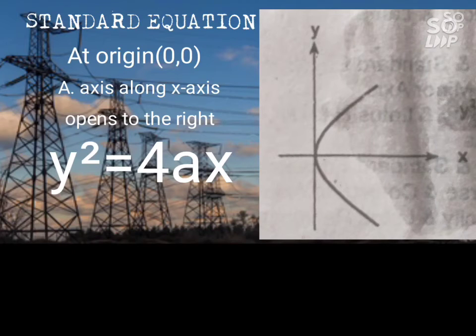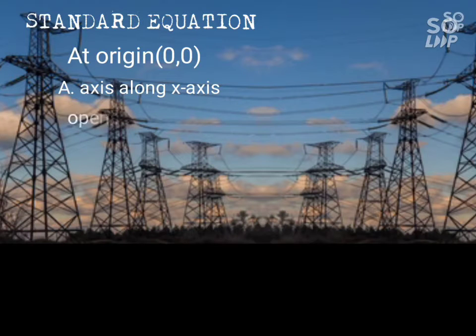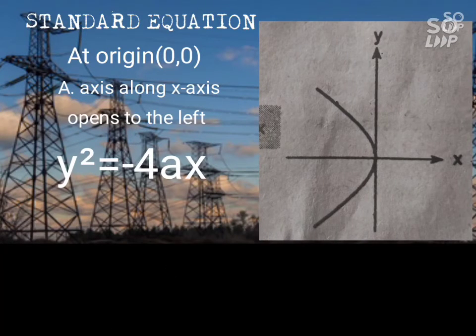Standard equation at origin along the x-axis: if it opens to the right, then the equation is y squared equals 4ax. Along the x-axis, opens to the left, then the equation is y squared equals negative 4ax.